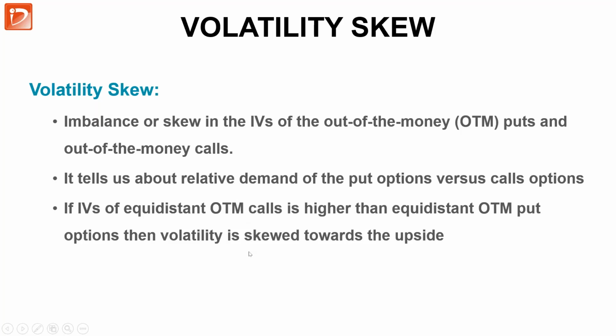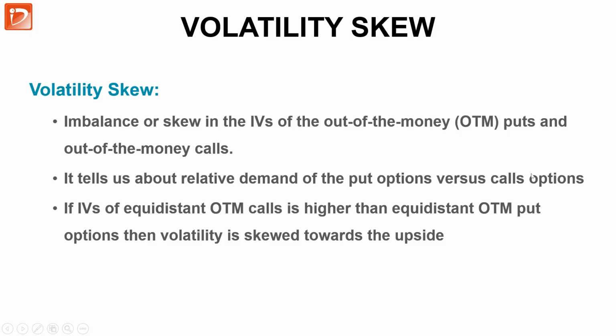The volatility skew tells us about the relative demand of the put options versus call options. So if the put options are more expensive than the call options, then there is a skew. This is an example: if the IVs of the equidistant out of the money calls are higher than the equidistant out of the money put options, then volatility is skewed towards the upside, right?